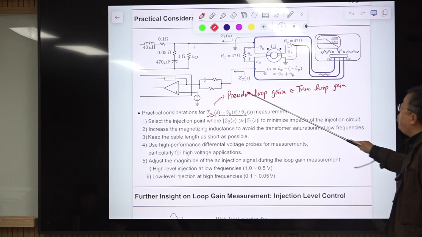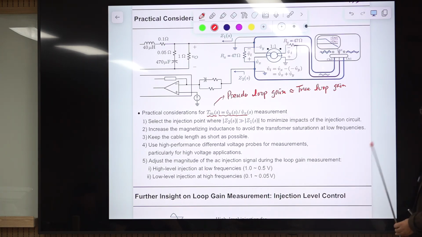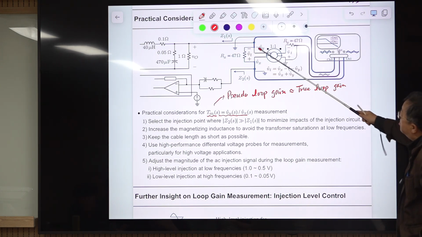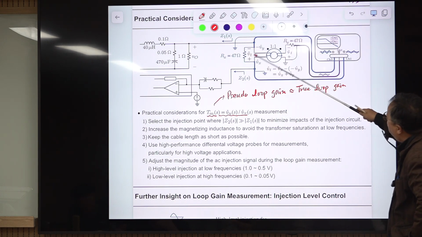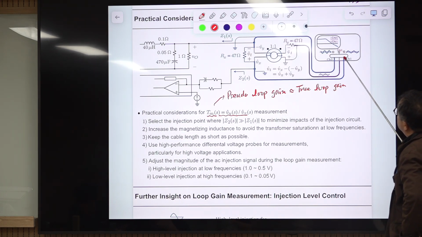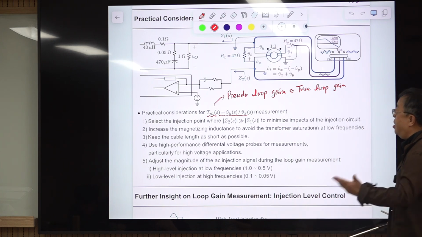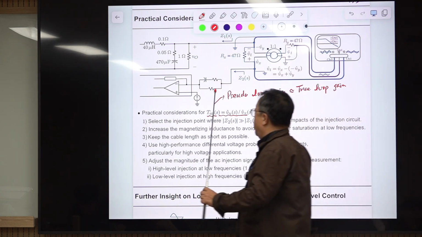Then the pseudo loop gain we are measuring will be very similar to the true loop gain. The theoretical loop gain we discussed used the ideal transformer. Here, this is not the ideal transformer. There is some voltage delivered from here, so it is an entirely different story. All right, that is number one.